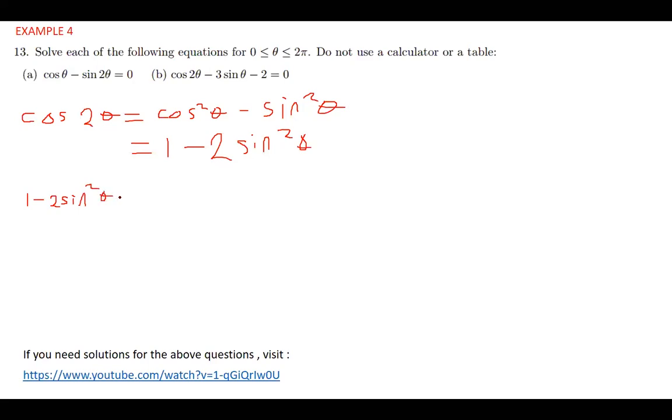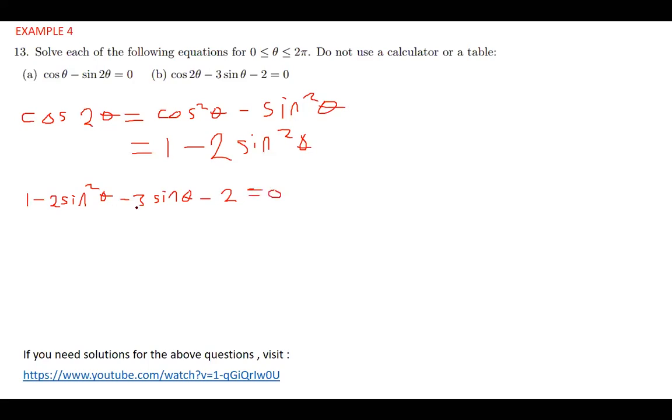And then you have your minus 3 sine theta, then minus 2 being equal to 0.